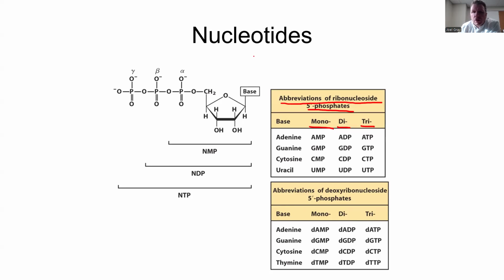So it's pretty common to say nucleoside triphosphate. Effectively, what this tells you is the nucleoside is the base plus the sugar, so those two components, and then the triphosphate is at least one phosphate. In this case, tri would be three phosphates.